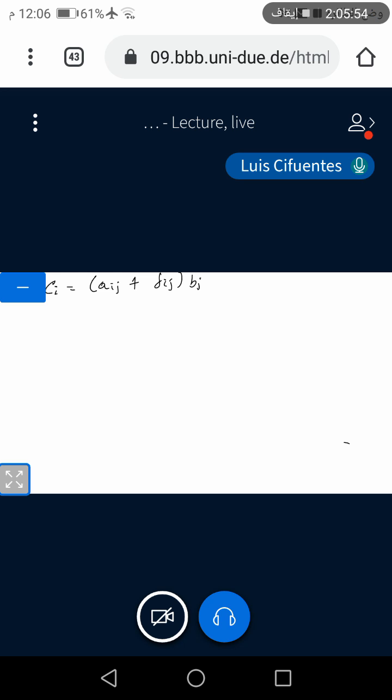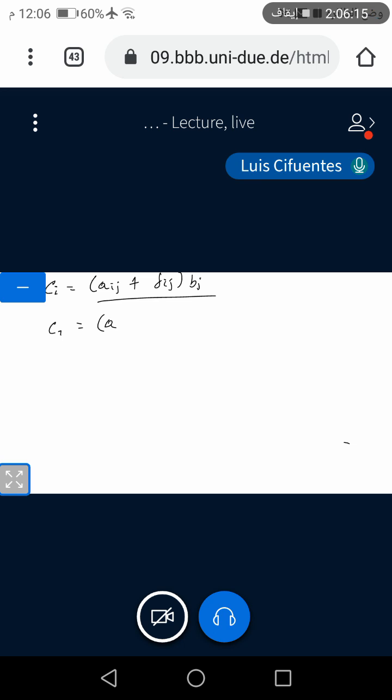This is direct. We see that this is a vector C_i, and we just have to vary the index from 1 to 3. For C1, the rest is a summation varying the index j.